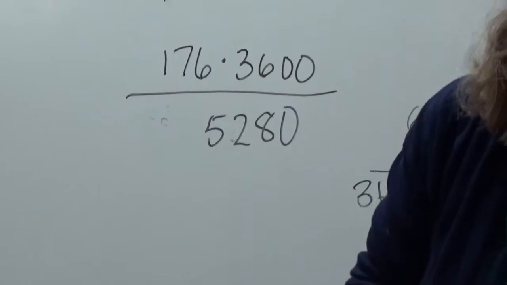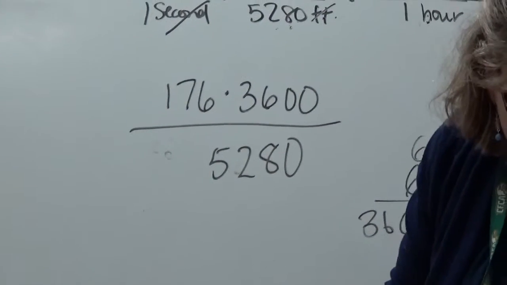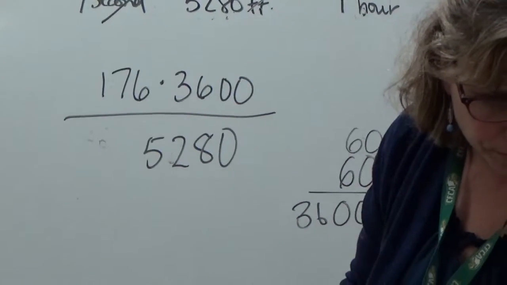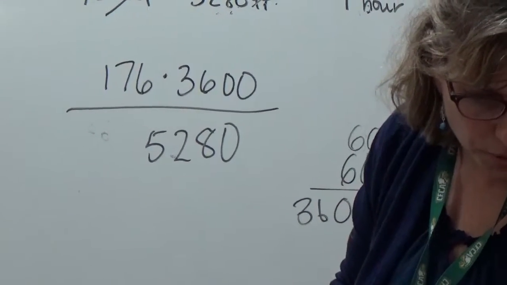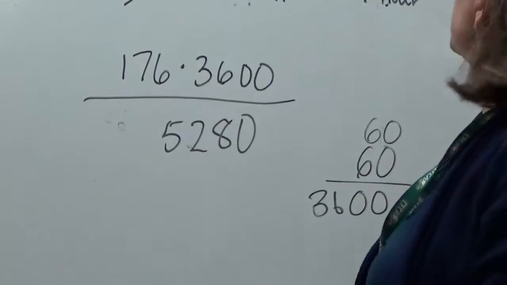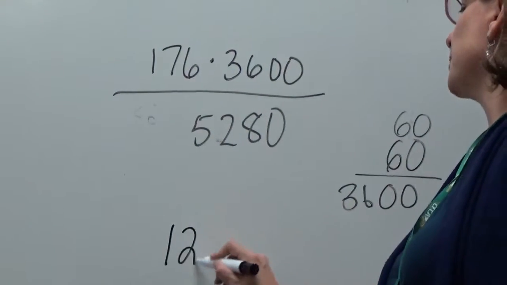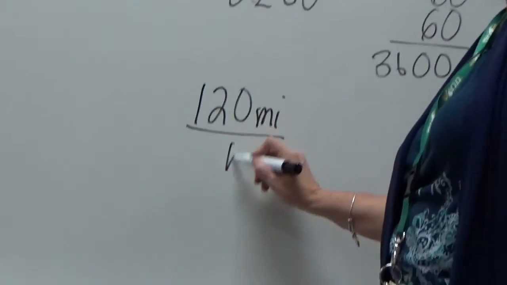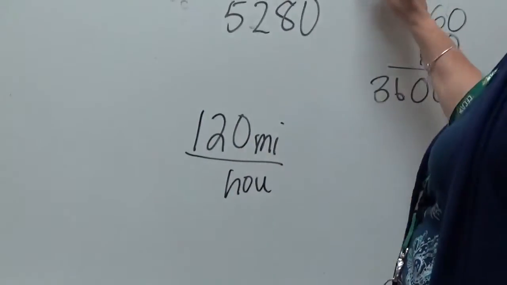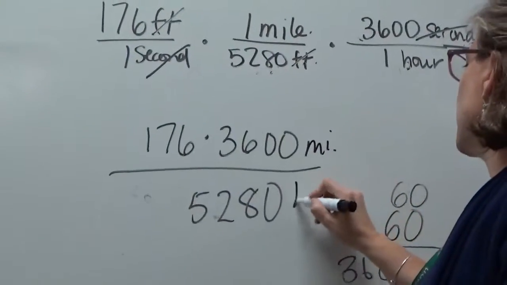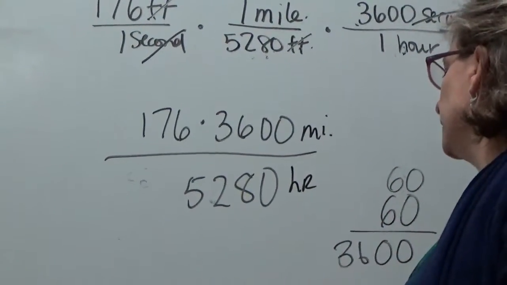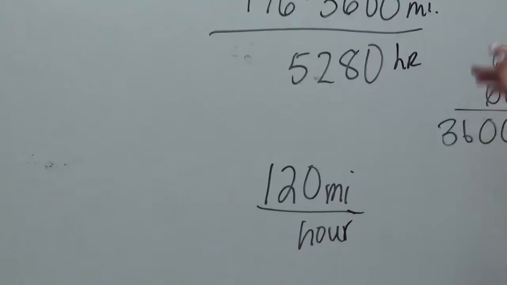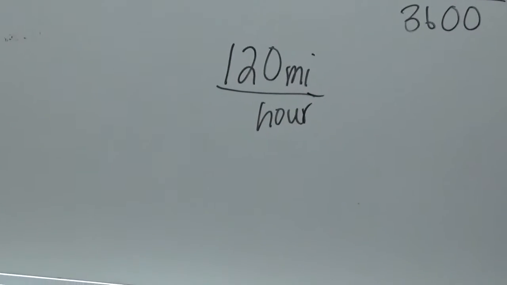That will equal 120 miles per hour. So the final answer is 120 miles per hour. I'm going to let you use your calculators on this. That ended up being miles, that ended up being hours.